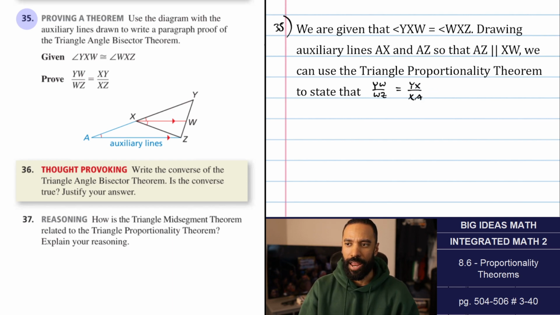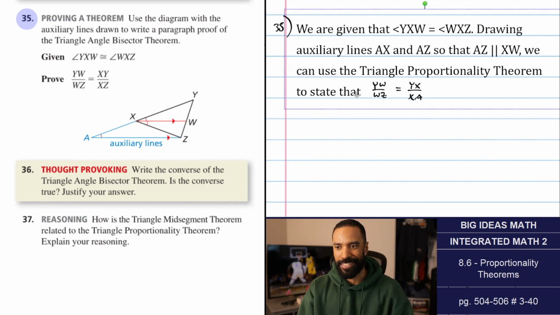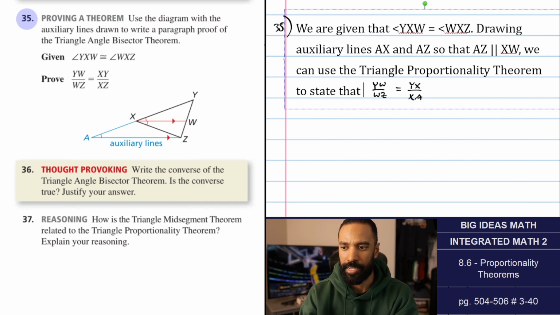Our basic thing from here on out is to show that XA is the same thing as XZ, okay? So that's my next bout here.